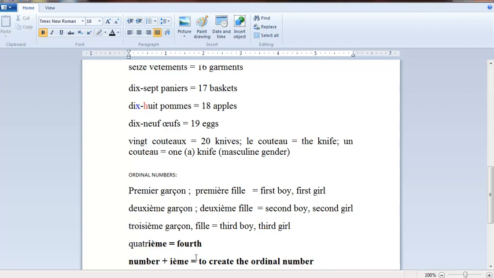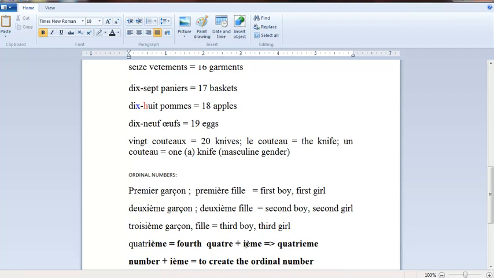So for example, if you have quatre, you have quatrième, which means the fourth. Quatre means 4, plus this ending. You would be tempted to say quatreième, but you will erase this E and it becomes quatrième.